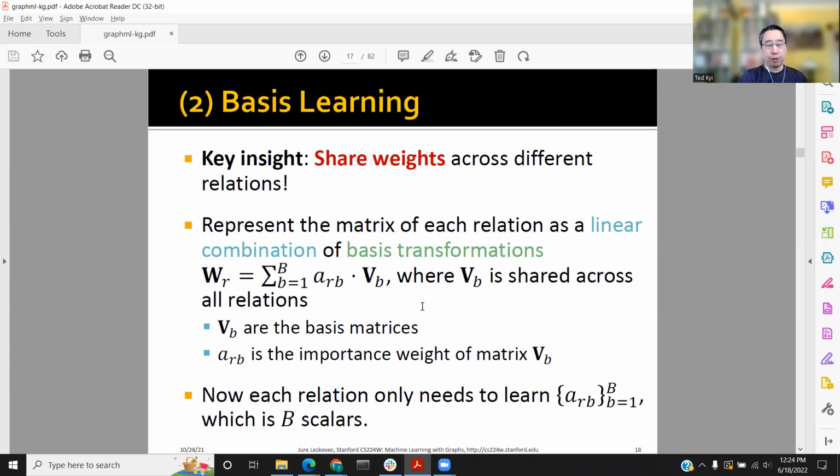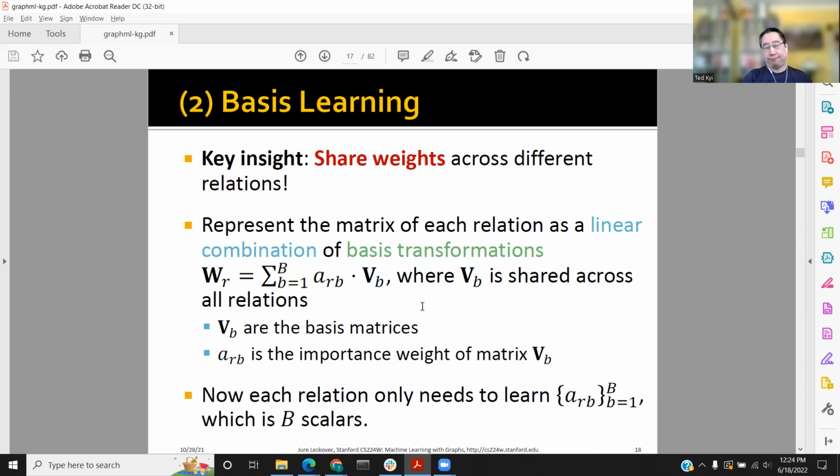So another approach you can do is basis learning. What the basis refers to is that you have a set of building block matrices, and you simply say that my weight matrix for relationship 1 is going to be a linear combination of all these different bases.